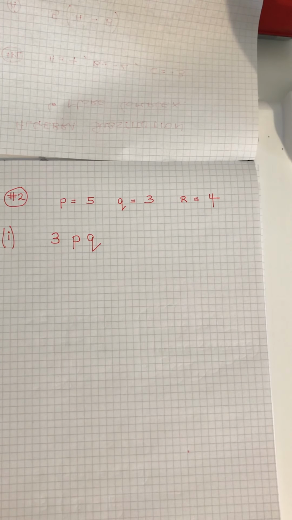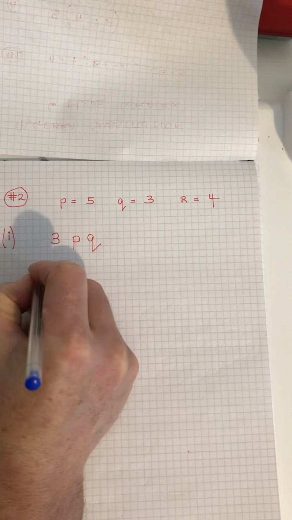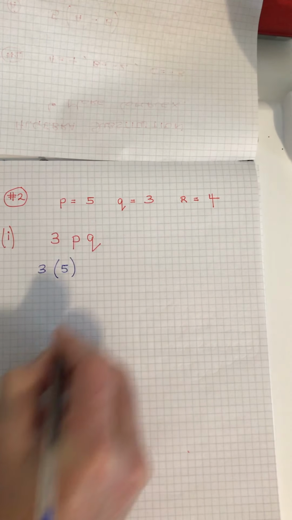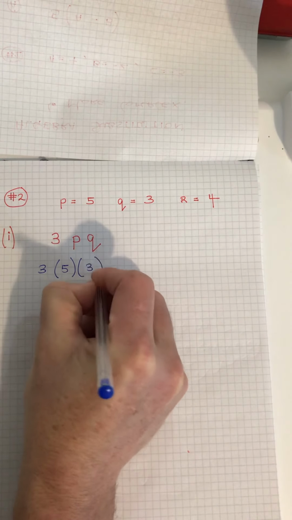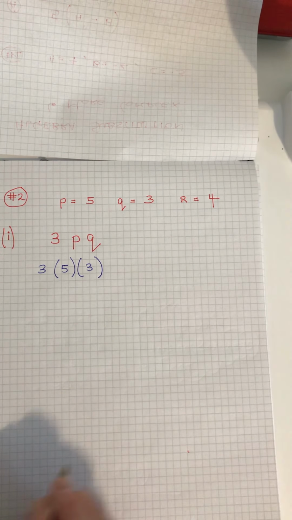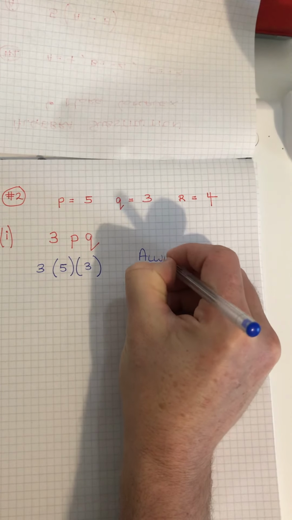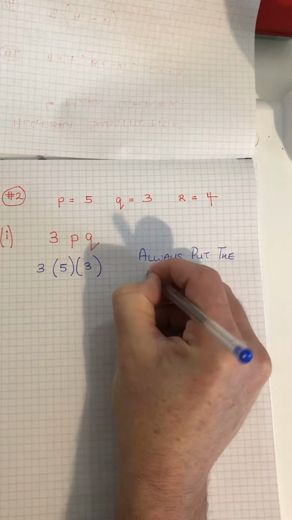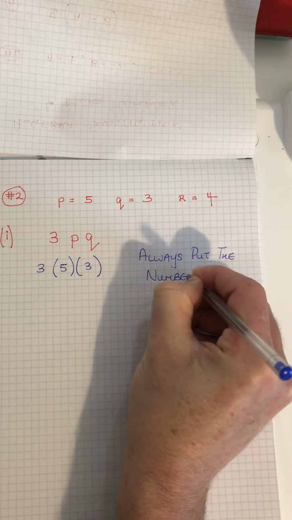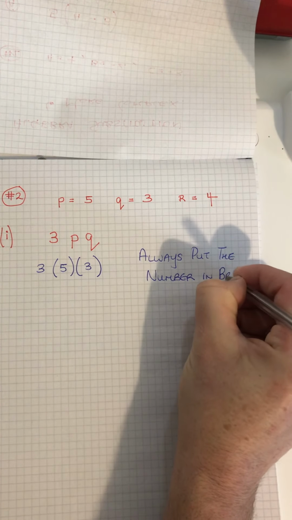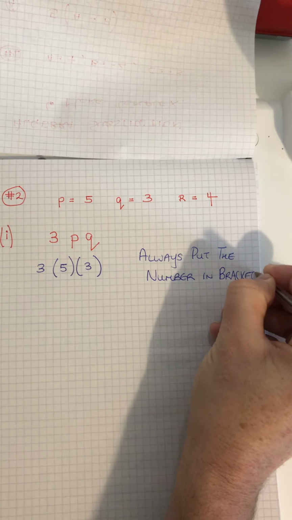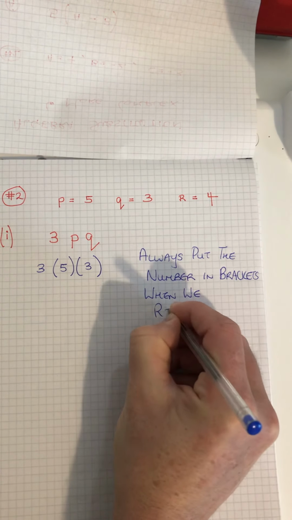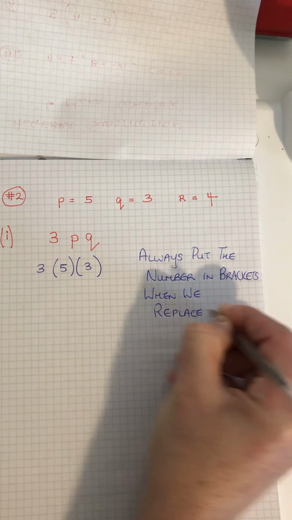So what that means is it's 3 times, well, P goes in brackets, which is 5, and Q goes in brackets, which is 3, because we always use brackets. Okay, always put the number in brackets when we replace the letter.